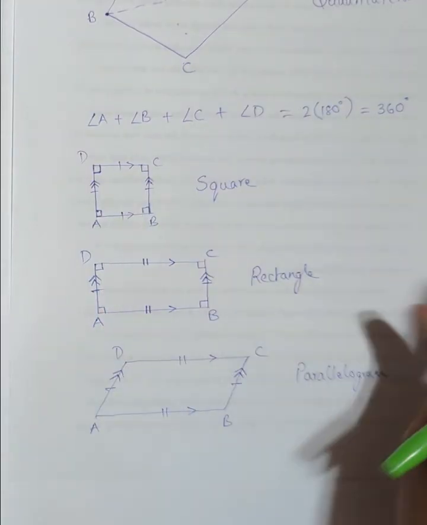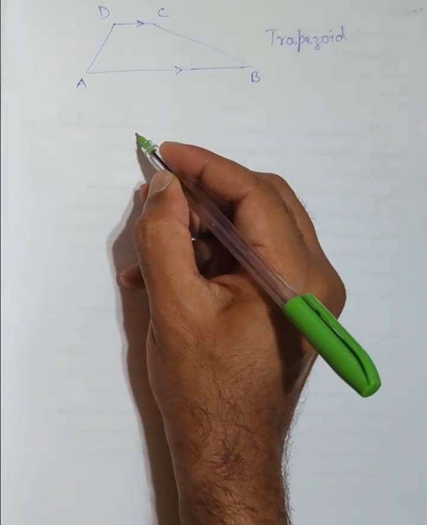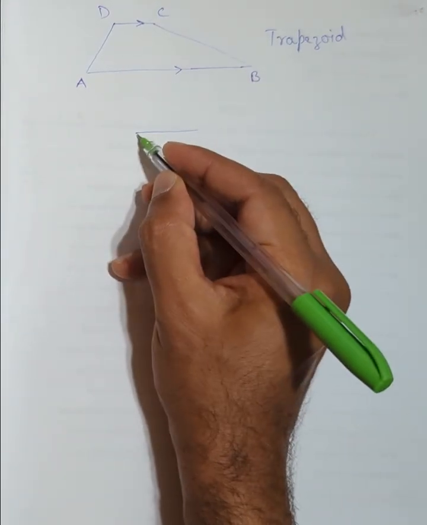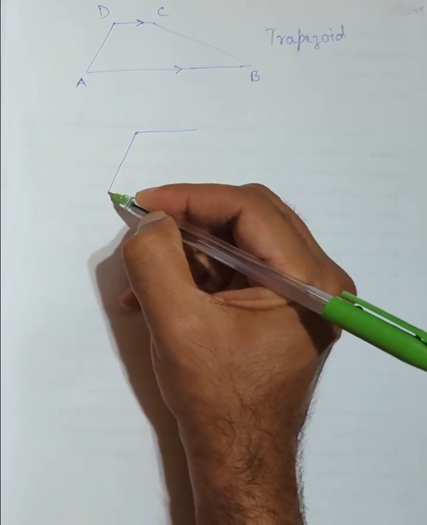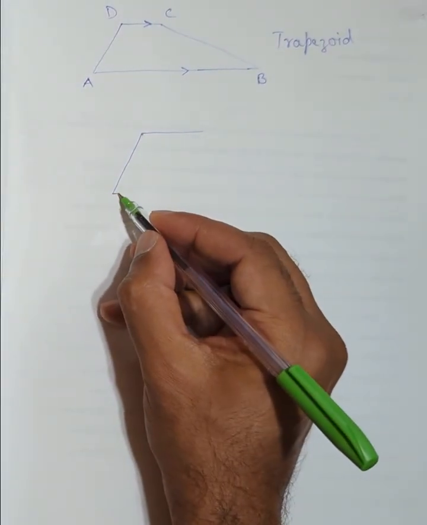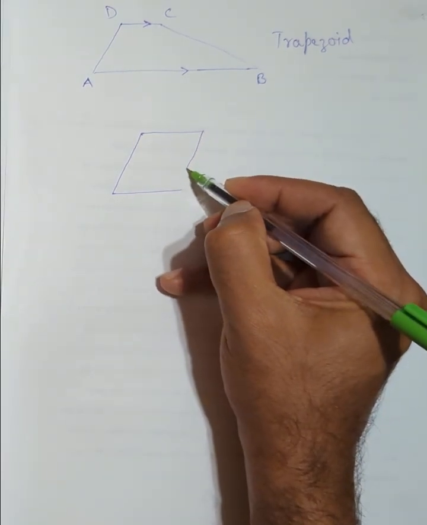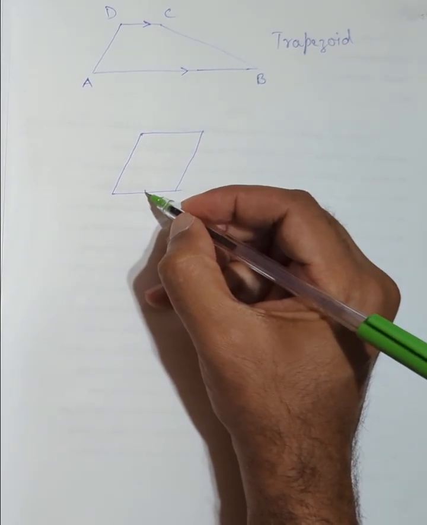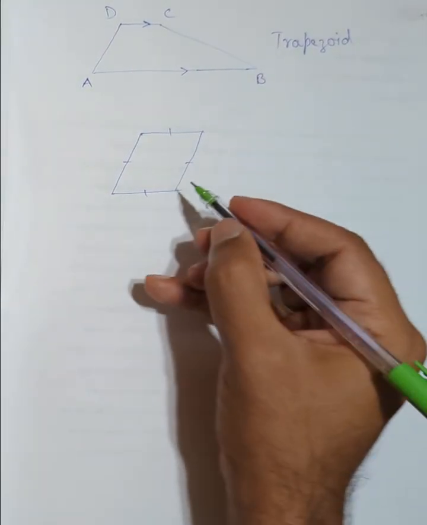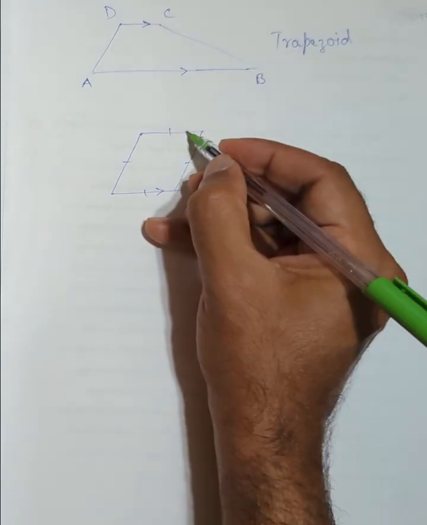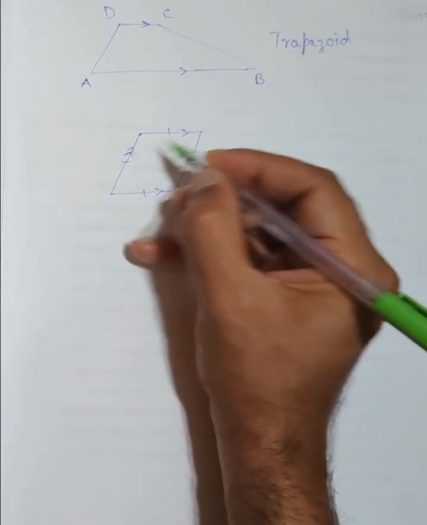Now let's modify the square a little bit. So what I'm going to do now is keep all the side lengths the same, just as in a square, but tilt two of the sides by the same amount. So all of the side lengths are the same, so we can use those tick marks, and then opposite sides are again going to be parallel, just like in a parallelogram.